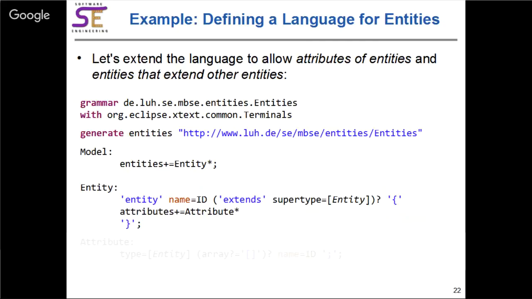If it doesn't have angle brackets, you say that you actually expect new entities to be defined at this point. But if you have the angle brackets around entity, then you mean to reference an entity that is defined somewhere else.